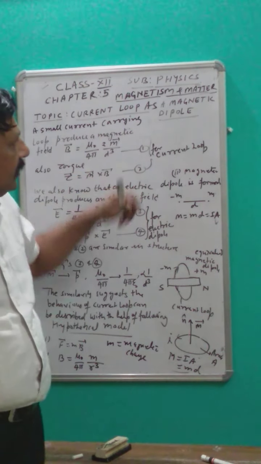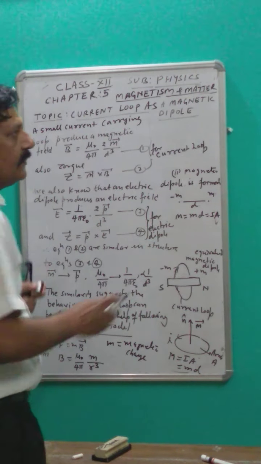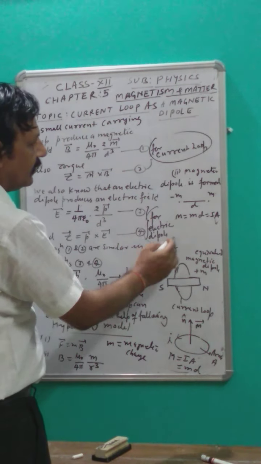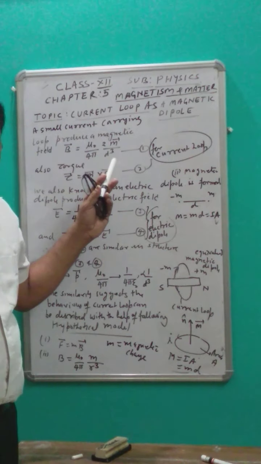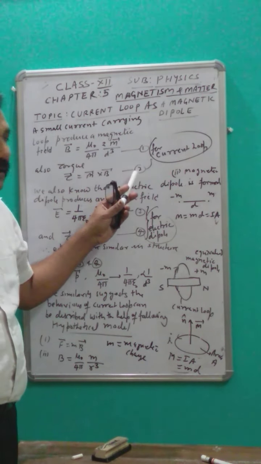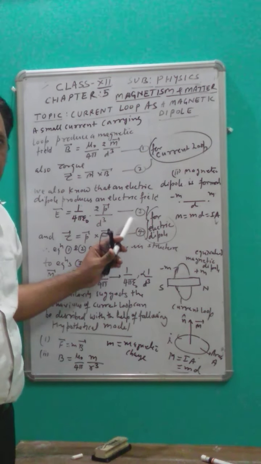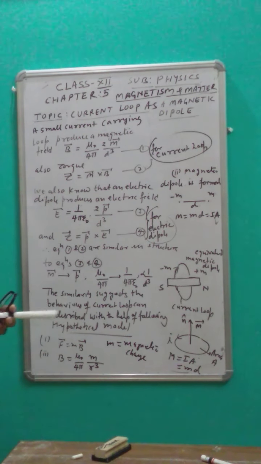First two equations are for the current loop, and last two equations are for the electric dipole. When we see these equations, equations 1 and 2 are very similar in structure to equations 3 and 4. Why are these very similar?